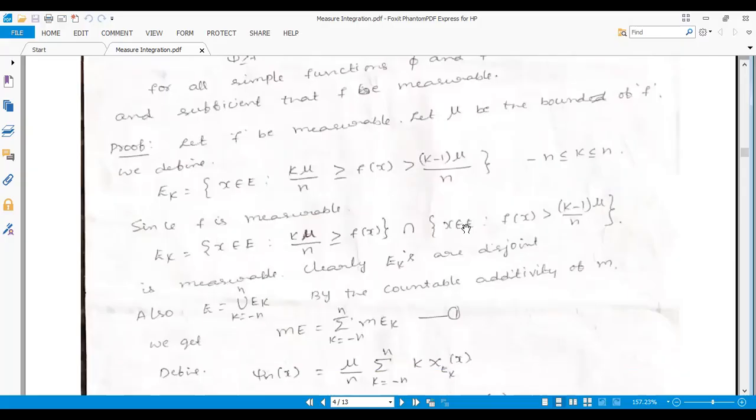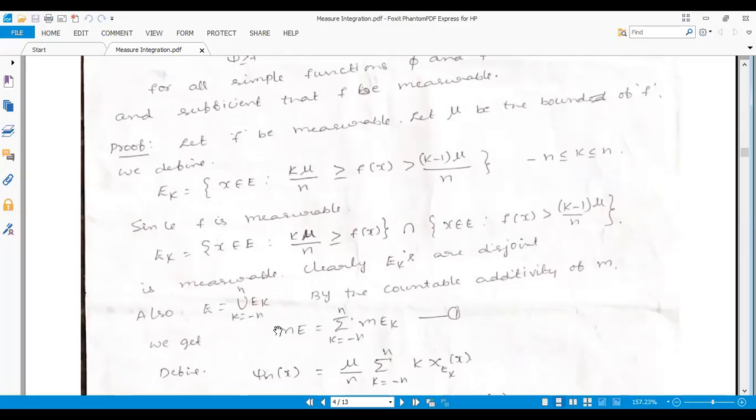Because you know that the intersection of two measurable sets is again measurable, and also that the E_k are disjoint. Also the whole of E can be represented as the union of E_k, with k running from minus n to n. If you apply the countable additivity of m here, then this becomes the measure of E.